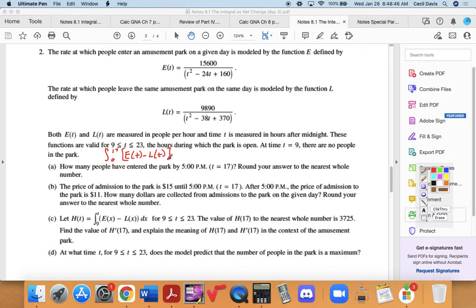Didn't you just do the integral from 17 of E of t? Oh, sorry, this is just entered the park. My fault. I thought I'd ask how many people are in the park.